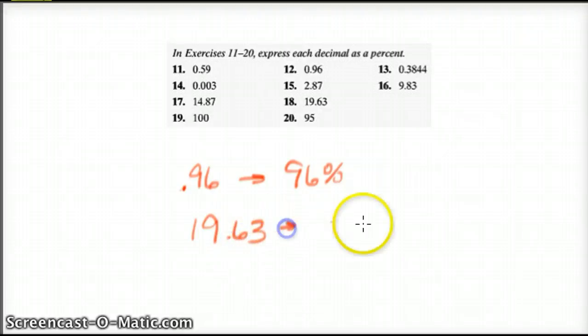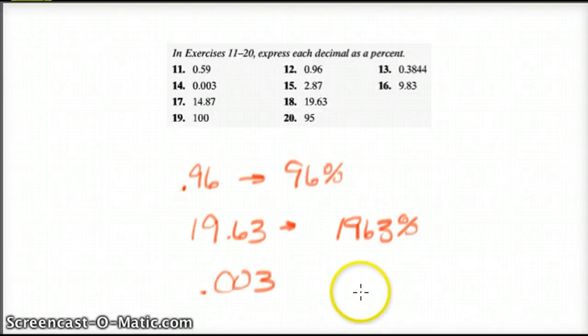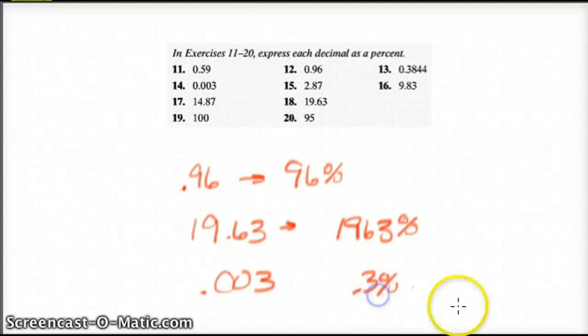Remember, we're presenting it as a percent, so you're going to still move the decimal 2 places to the right. Now that is a huge percent number. Keep that in mind. All right, look at 14.003. Remember, we're still going to move the decimal 2 points to the right, so 0.3%. That's how I would do those problems right there.